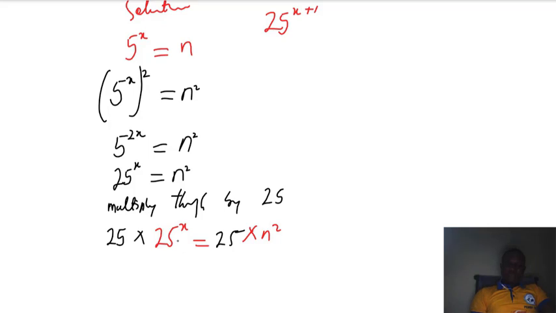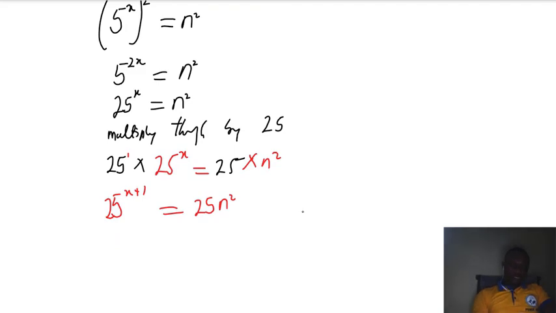So 25 times 25 exponent x, because the bases are the same, we add the exponents, and this 25 is having an exponent of 1. So we have 25 exponent x plus 1, and here is going to be 25 n squared.